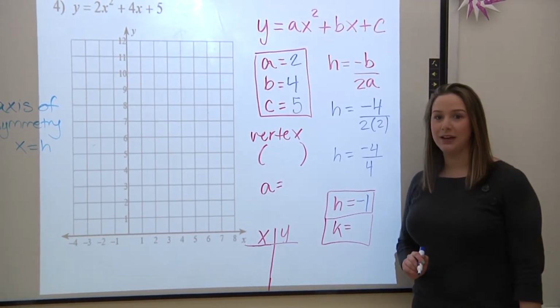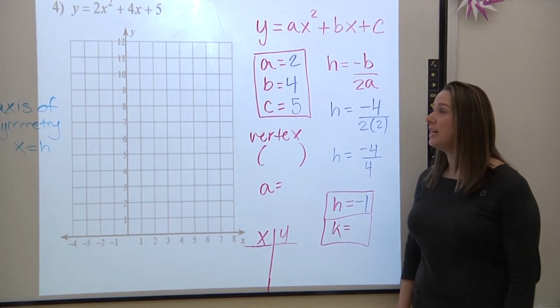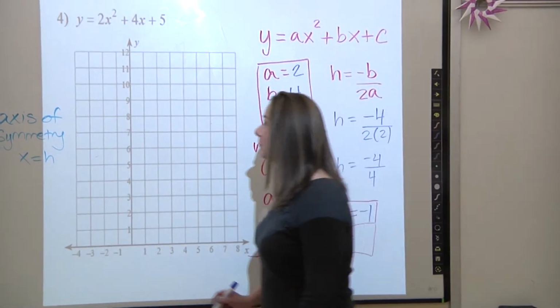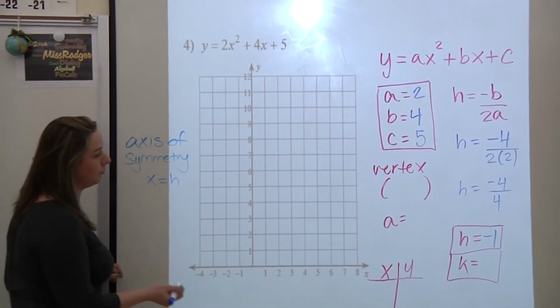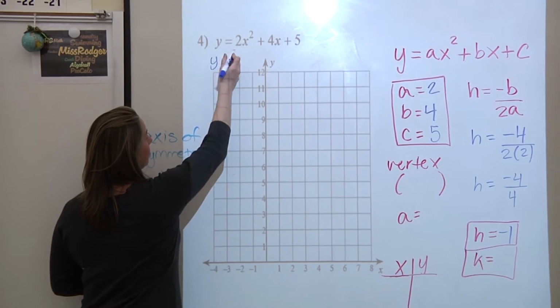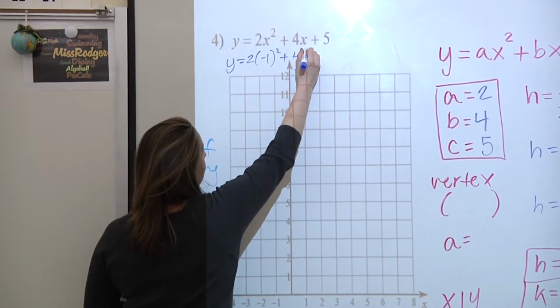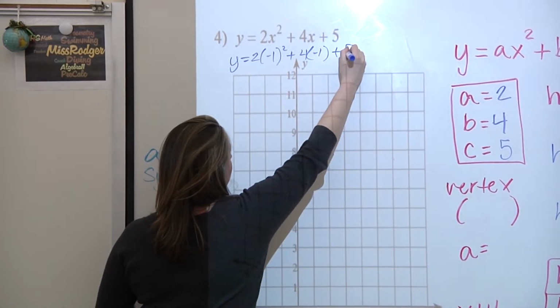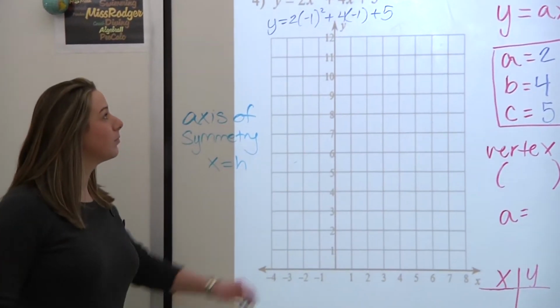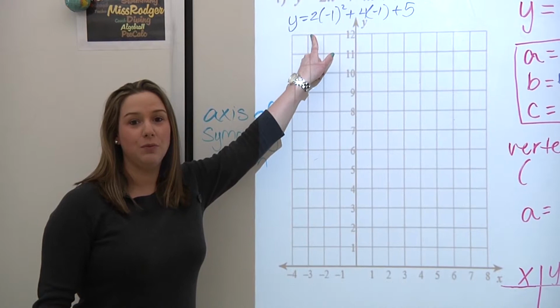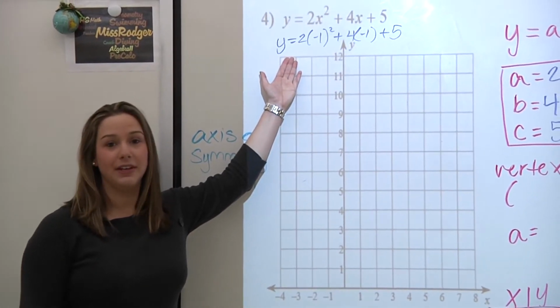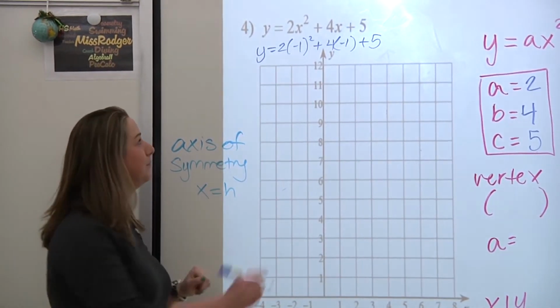Let's find our k value by substituting -1 into our original problem. When we substitute -1 into our original problem, we get this. Let's solve for k.